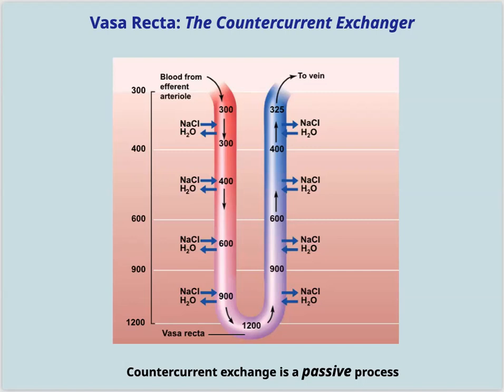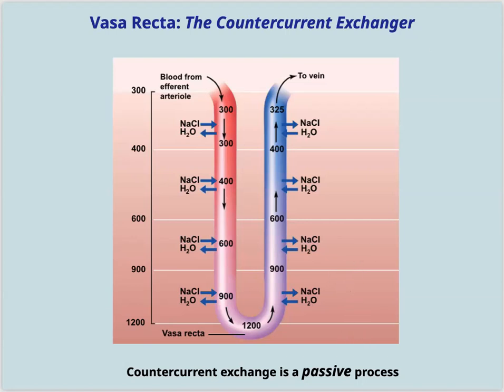Without the vasa recta, water moving out of the descending limb of the loop of Henle would eventually dilute the medullary interstitium. And so therefore, the vasa recta plays a very important part in keeping the medullary solute concentration high.